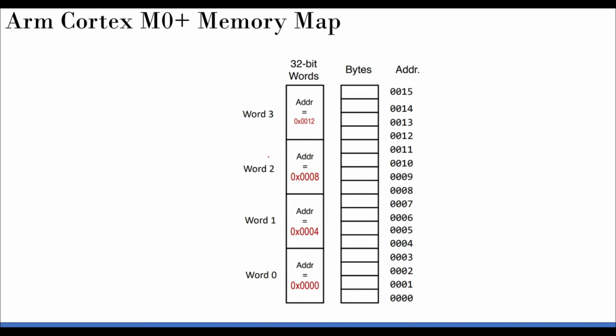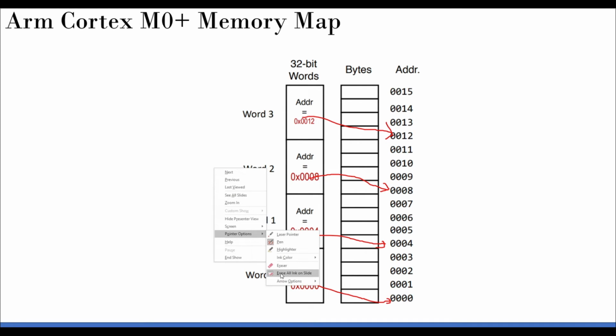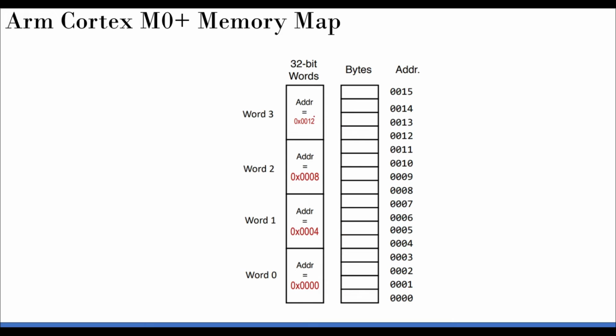So this is the address. Basically this points to this guy, this points to this guy. So the start of the 4 bytes will form the address. Very simple.